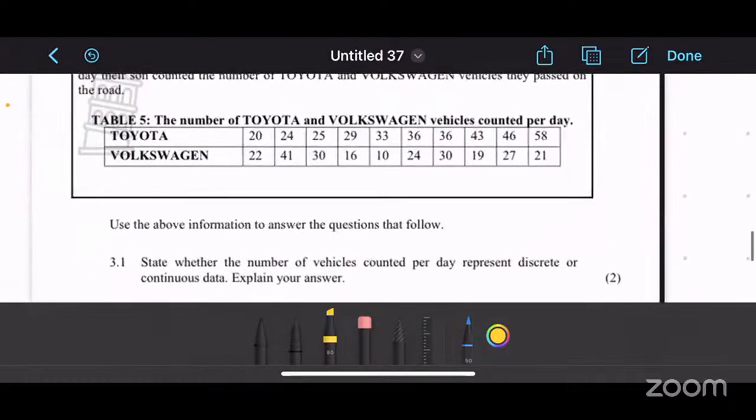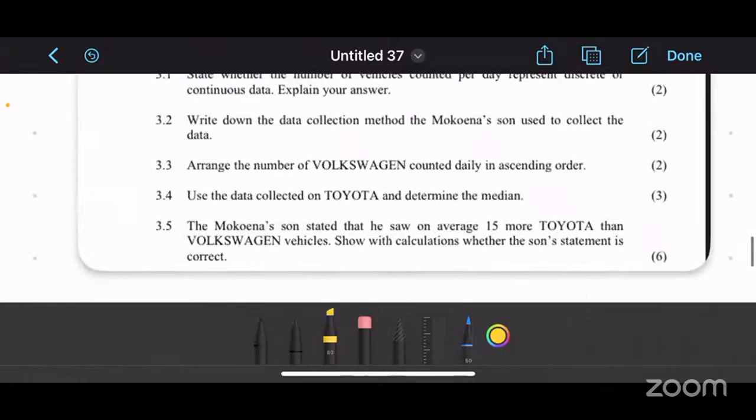That means we start with the smallest to the highest: 10, 16, 19, 21, 24, 21, 22, 24, 27, 30, 30, and 41. Those are going to be the ascending order for Volkswagens counted daily.